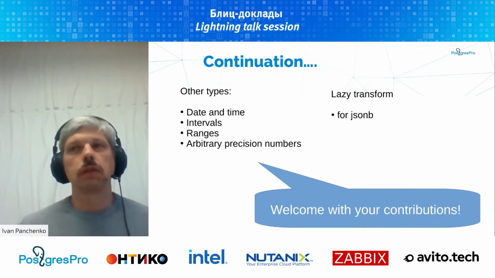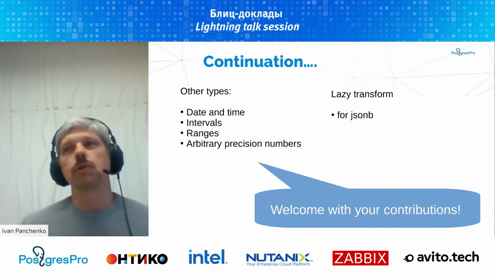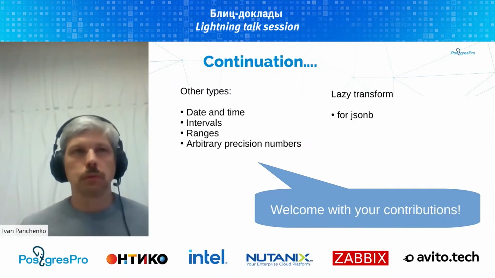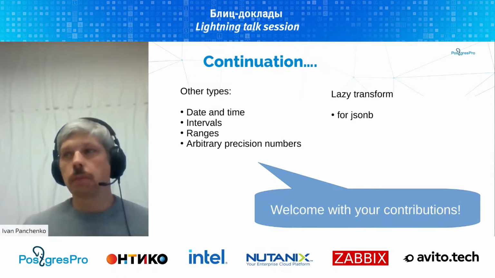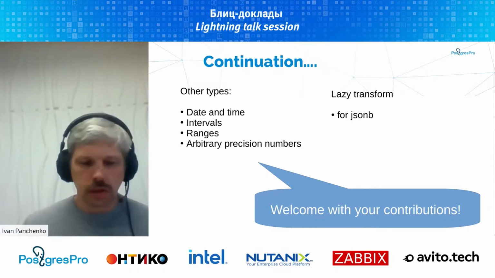Then intervals, time intervals, ranges, and many other things that you may think of, like spatial types. And JSONB is really good with lazy transforms, which would not roll out the whole structure from one view to another, but only what you needed.